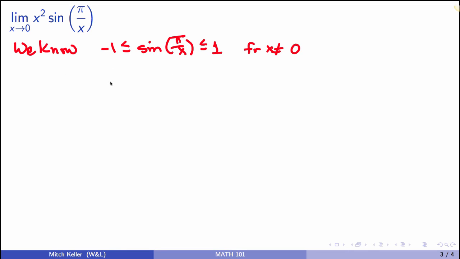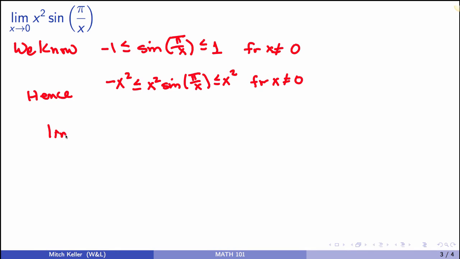So if we multiply that by x squared, and x squared is always greater than or equal to 0, so if we multiply every piece of this inequality by something that's greater than or equal to 0, then we get this new inequality.